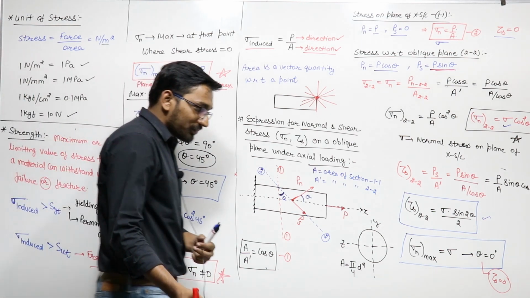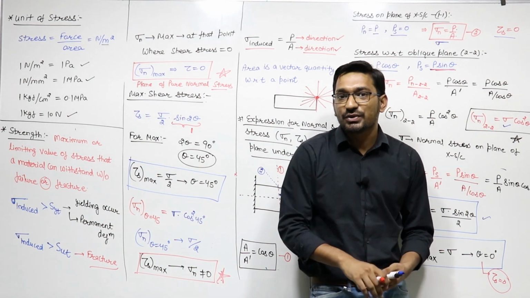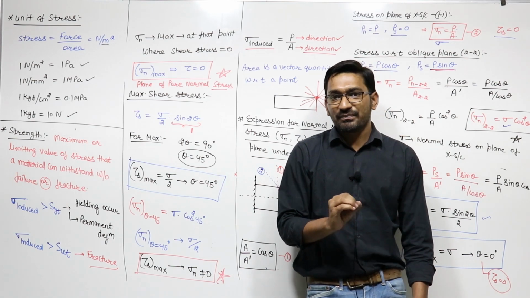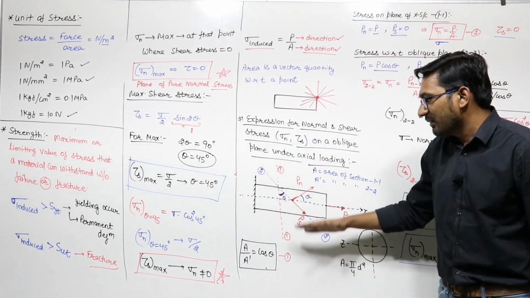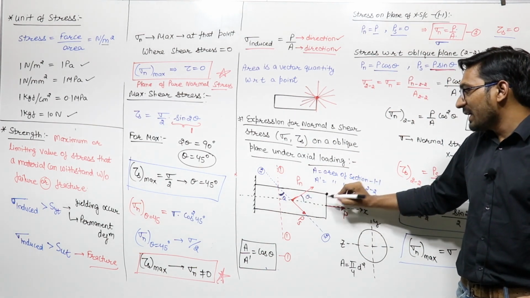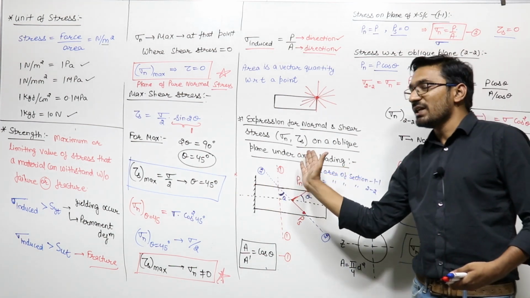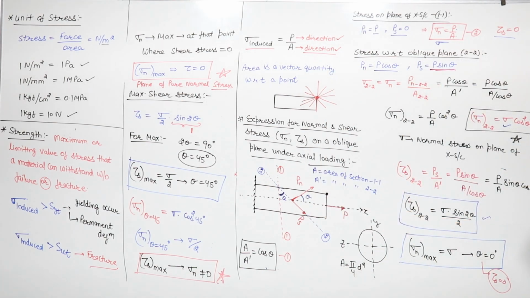It means in the plane of pure shear, third conclusion, there must be a plane, see, one thing is there, at this point n number of planes at n number of thetas are present. From 0 to 360, n number of planes are there. So there must be a plane where this value is 0.